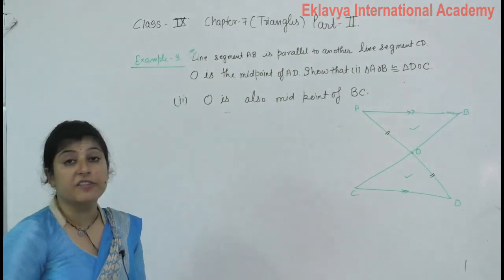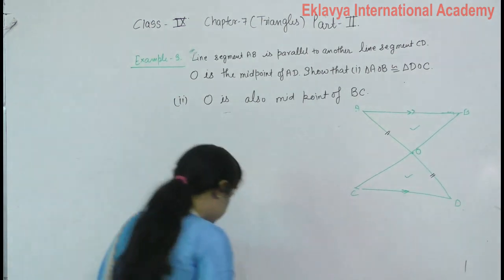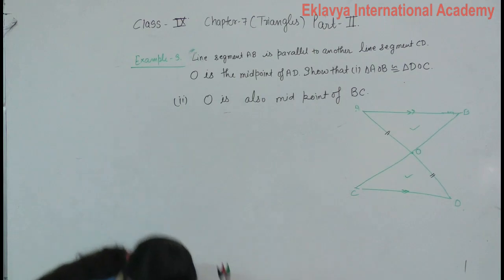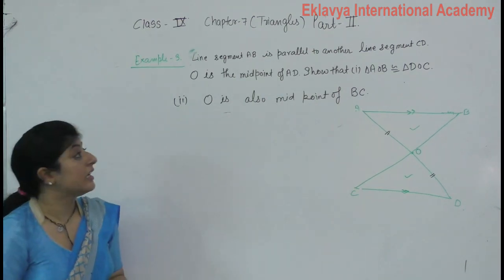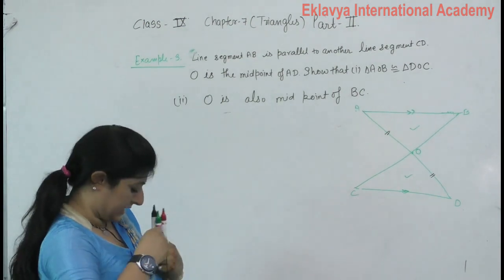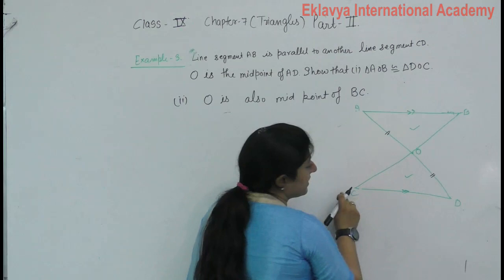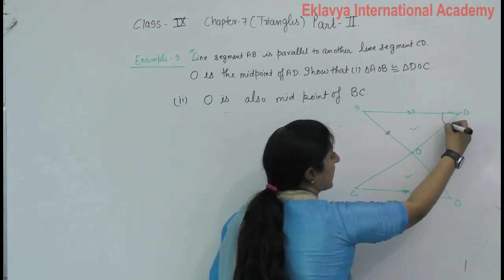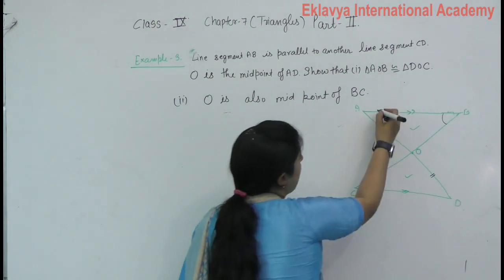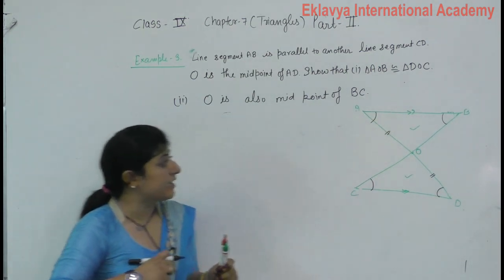But in this figure, if you see properly, there is a line like a Z. It means there are alternate interior angles. AB, CD alternate interior angles, we can say these angles are equal, alternate interior angle, and this one angle is also equal, alternate interior angle.